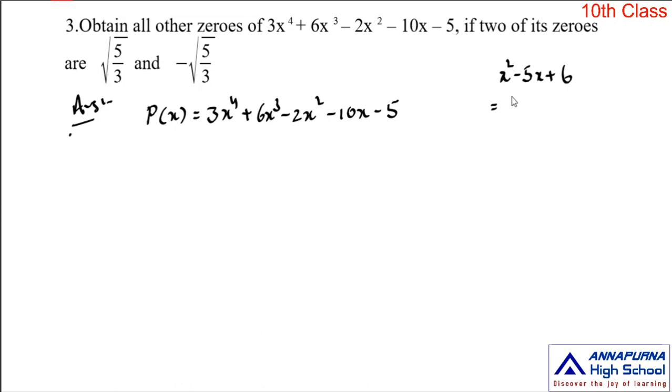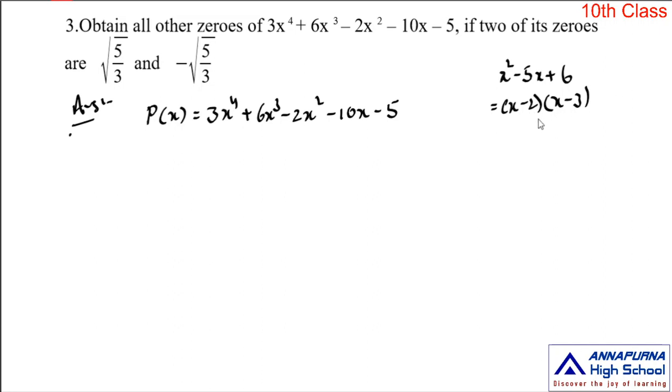How to factorize it? By splitting the middle term. Here the factorization is (x - 2)(x - 3). That means the linear factors are x - 2 and x - 3.